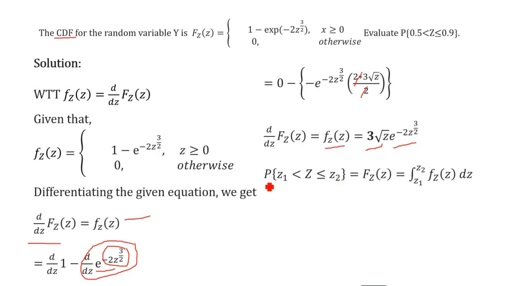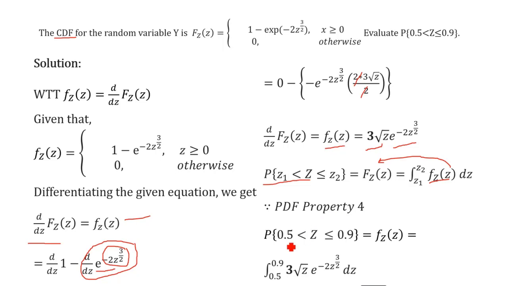Now we need to calculate the probability between the range z1 to z2. That can be obtained by property number 4. The integration over the limits z1 to z2 of the PDF gives the value of the cumulative distribution function. This is property number 4. So substitute.